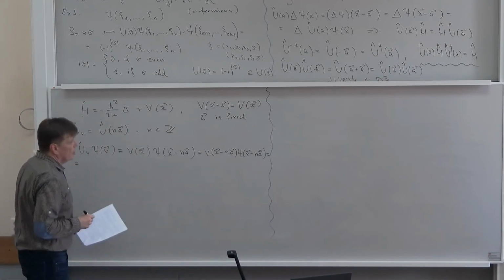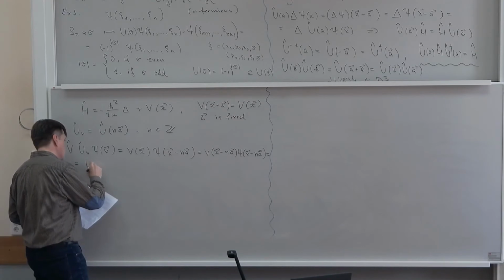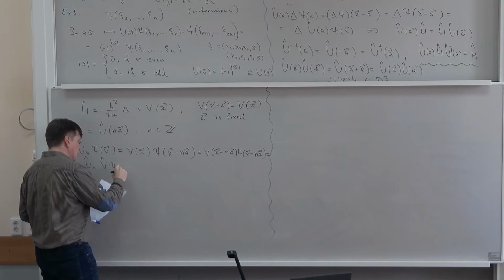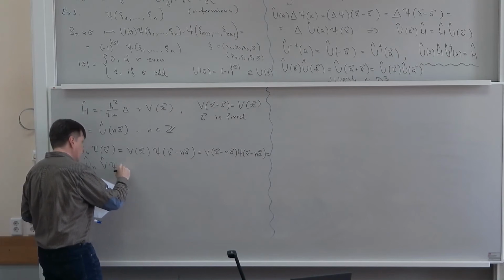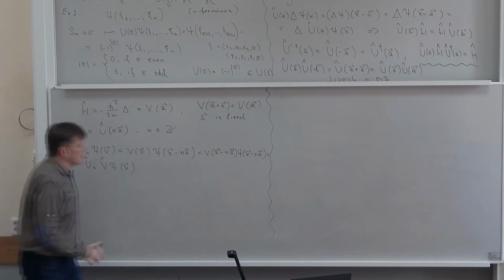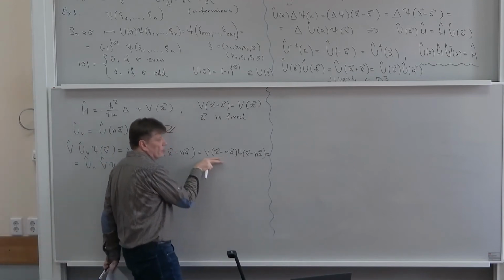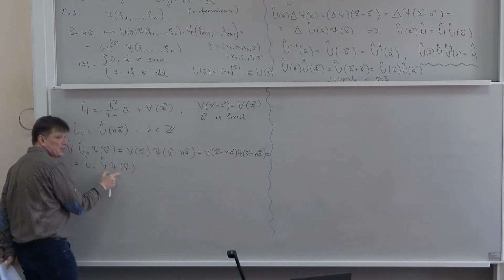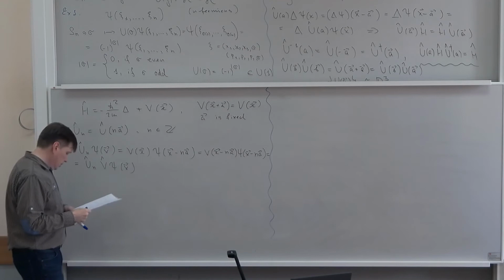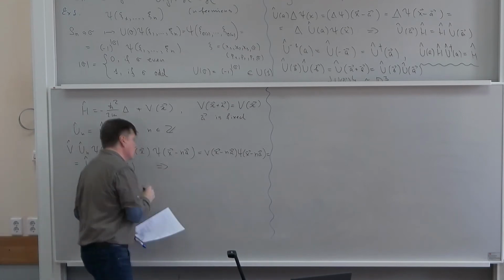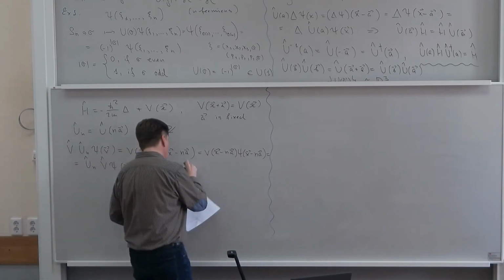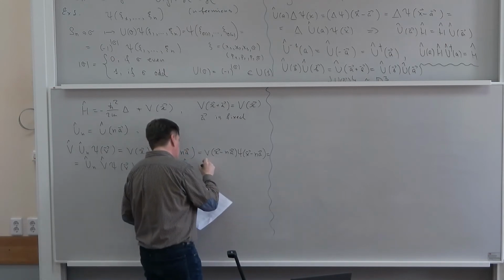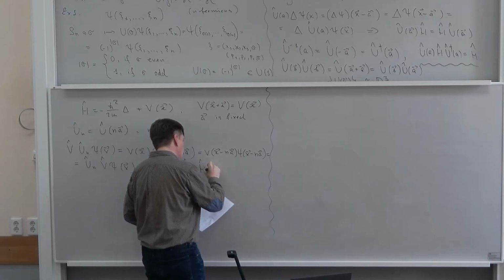But then I may continue as U_n acting upon V of x times psi of x. So I can treat this expression as a result of translation acting on the product of functions V and psi. So, combining all together, we conclude that the family of operators U_n preserve the Hamiltonian.